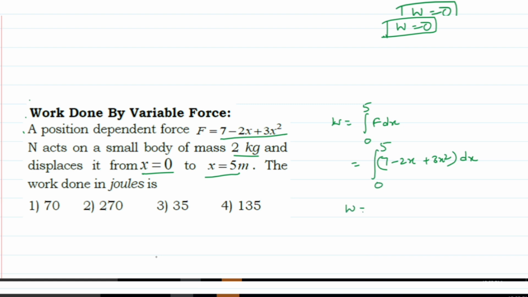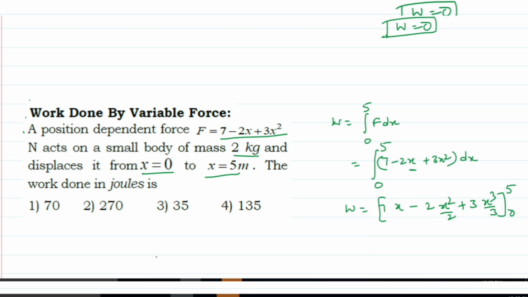Now you can take here W equals integral of 7 dx, which is 7x, minus 2 into integral x dx, which is x square by 2, plus 3 into integral x square dx, which is x cube by 3, between the limits 0 to 5.